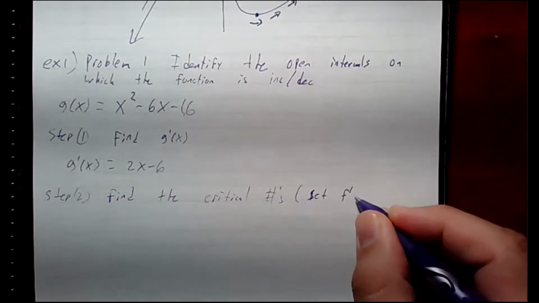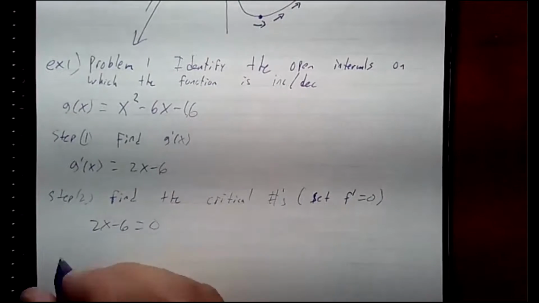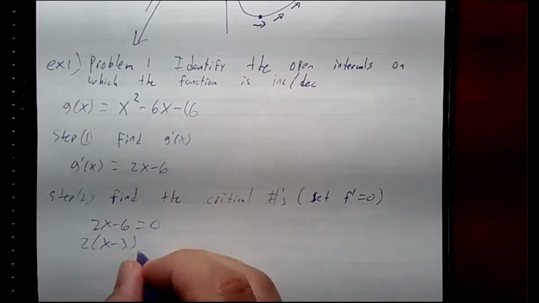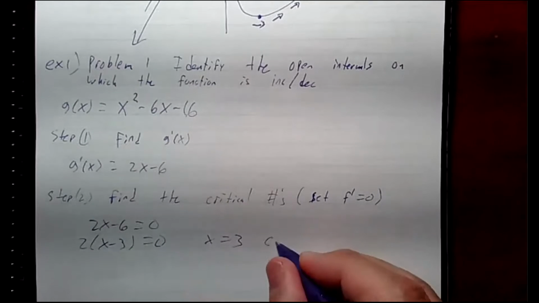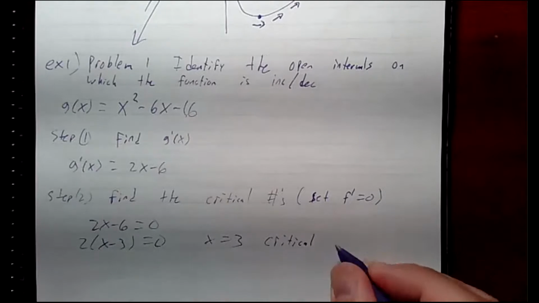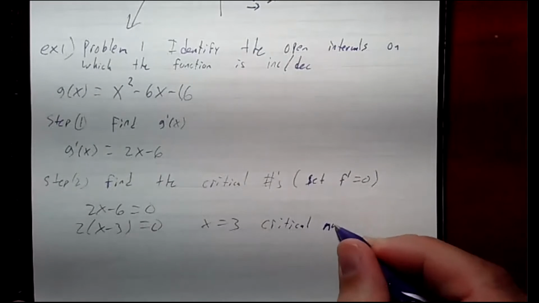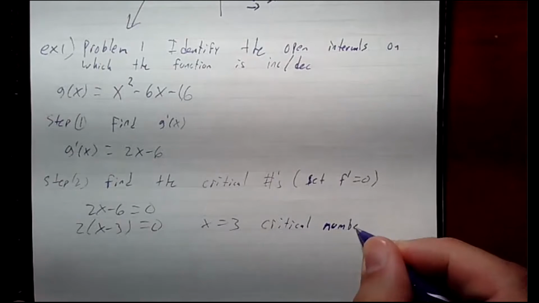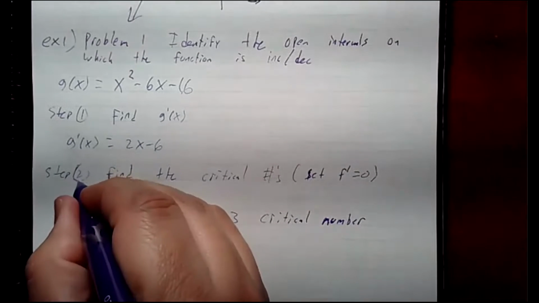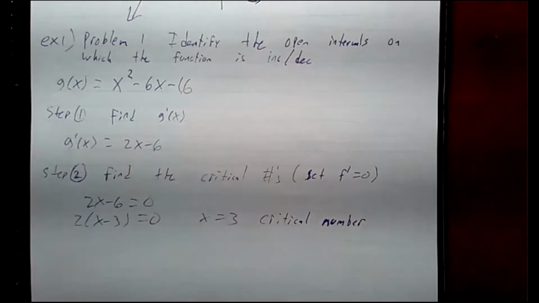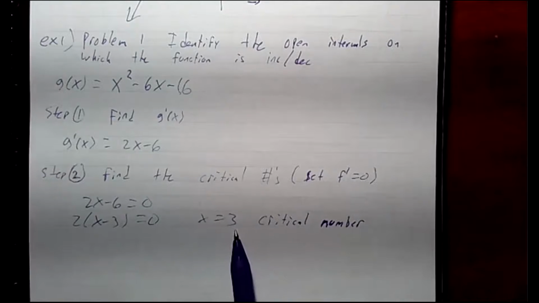So set the derivative to 0. The 2x minus 6 equal to 0. Factor the 2 like you said. X equals 3, right? That's my critical number. And we already knew that, right? When we graphed it, we did say 3, didn't we?